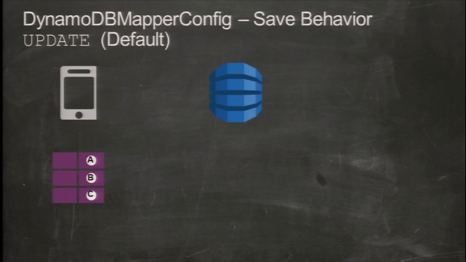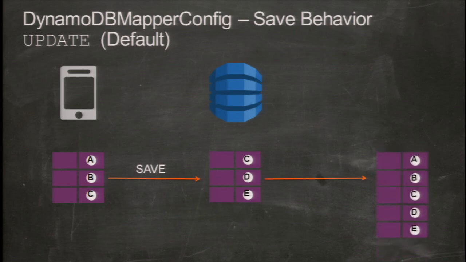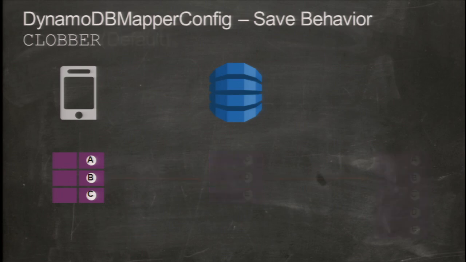By default, the mapper uses update, which will create a union of the on-device data and the in-table data. So in the case where we have on-device A, B, and C, and we save, and in DynamoDB we have C, D, and E, we will create a union of those two things, and we will end up with the 5 attributes of A, B, C, D, and E. That's the default behavior on the DynamoDB mapper.